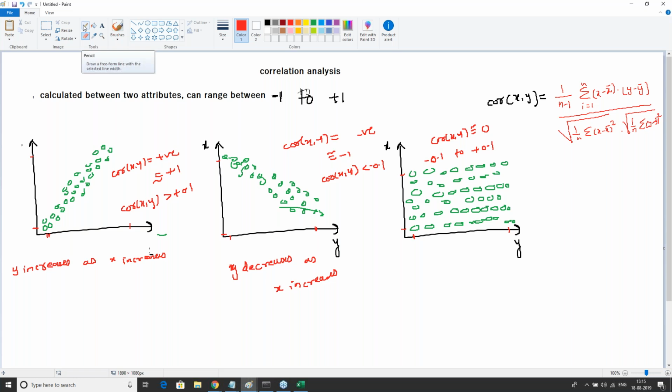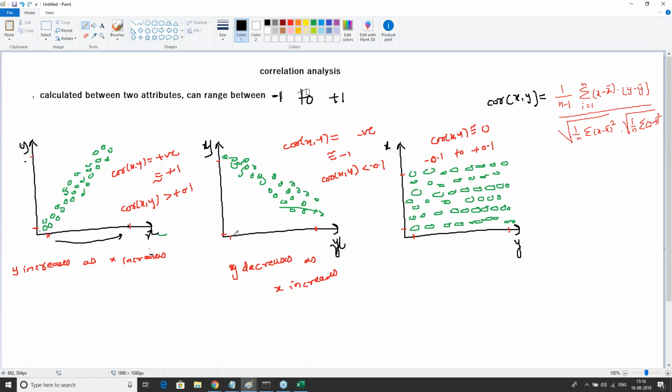Let's say this is y and this is x. In the first case, can we say for a lower value of x there is a lower value of y? As x increases, higher value of x has a higher value of y as well. That means if x is increasing, y will also increase.